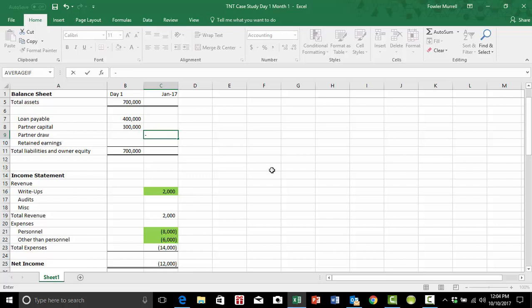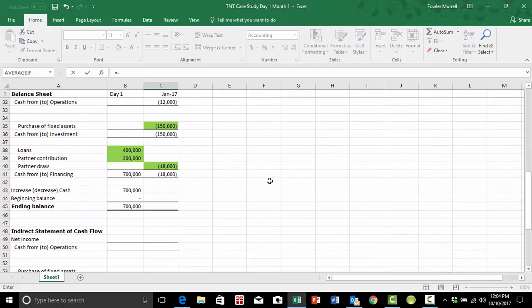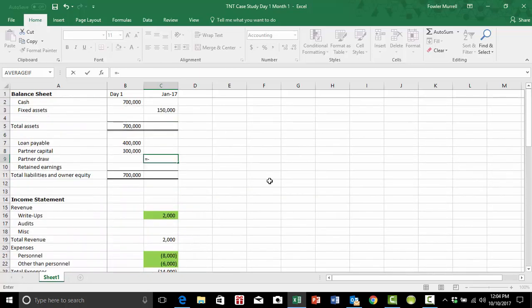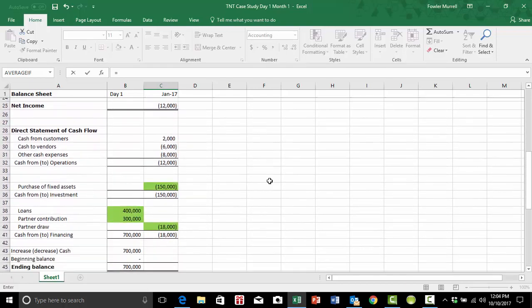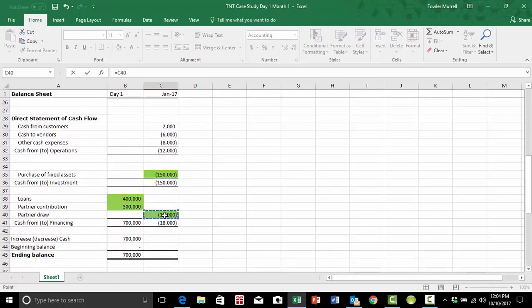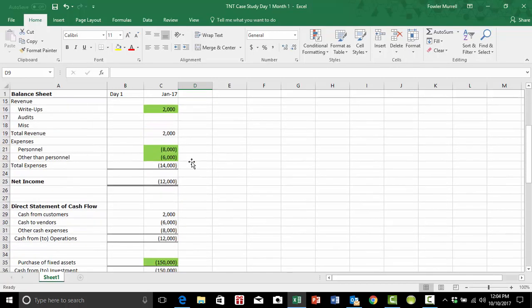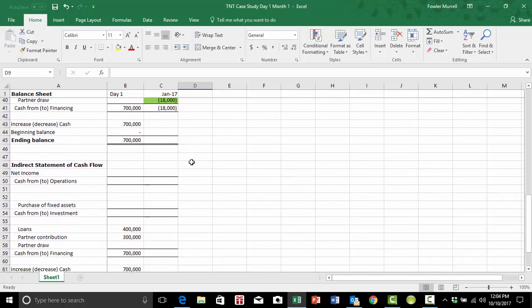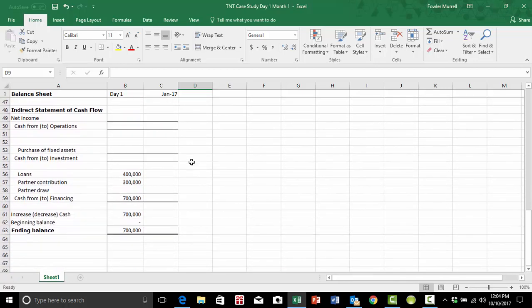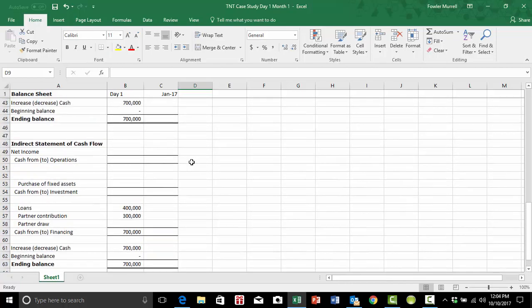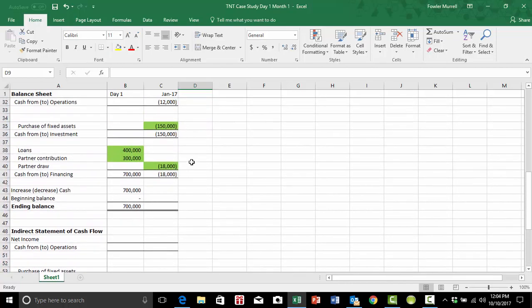So we want to link that to this. Well, it's already a negative in that number, so we just link it to that. So that's our debit for partner draw, that's 18,000. Okay, now we want to finish our direct statement of cash flow.